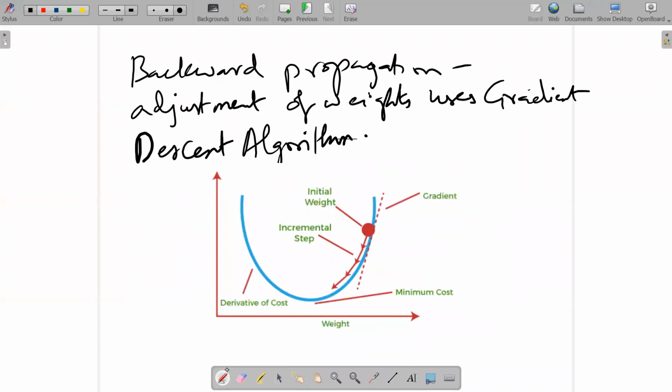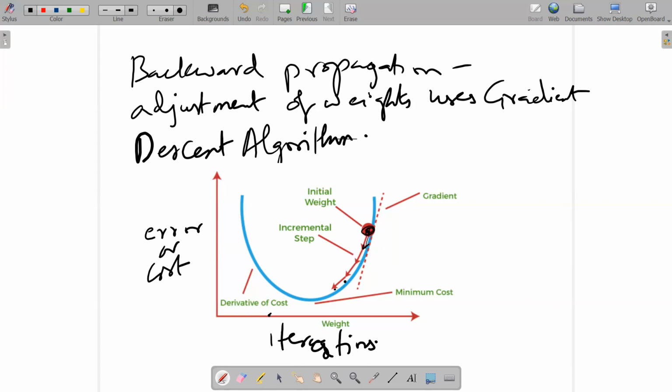So what do you observe here? On the x-axis, you have the cost. This is the error or cost. This is the iterations. Now, the weight or the cost must be reduced in smaller proportion. The initial weight and the incremental step should be in smaller proportion.